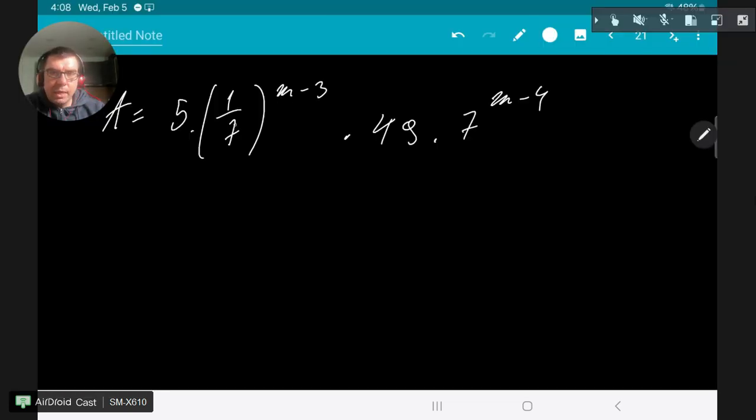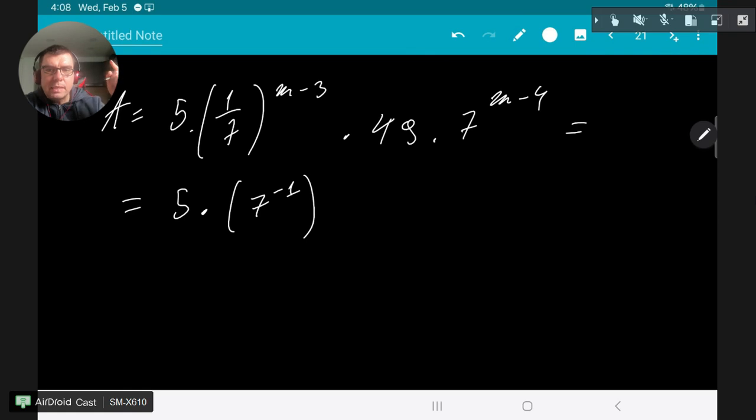First, let's try to present everything as having base equal to 7. So 1/7 is the same as 7 to the power of minus 1. You remember the previous property, 7 to the power of minus 1 is 1/7. And now this whole thing is to the power of m minus 3. Now 49 is the same as 7 to the power of 2, and I copy 7 to the power of m minus 4.